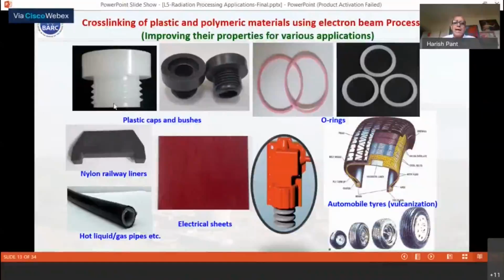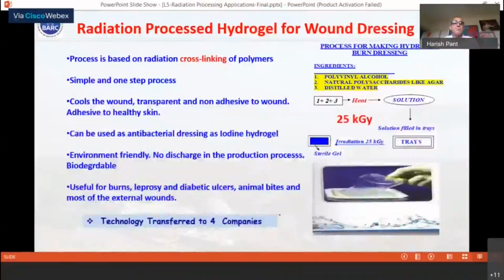All these are radiation processed to improve their properties and increase their life, so they can be used at higher temperature and higher pressure, or in a more harsh environment. So basically it is just improving the properties of the materials or polymers so that they can be used for a long time.